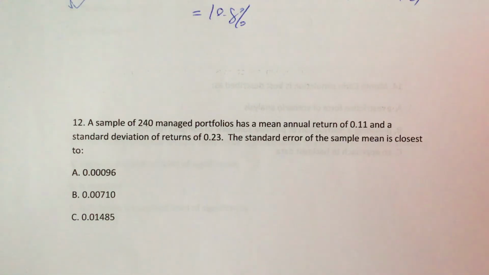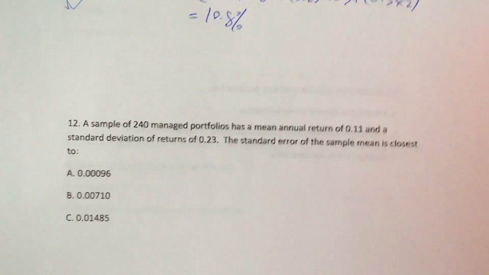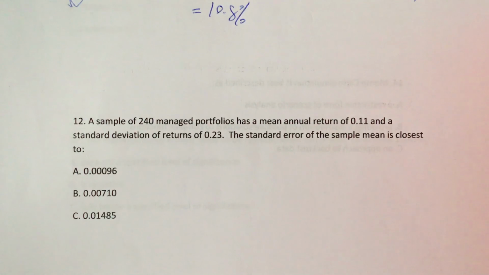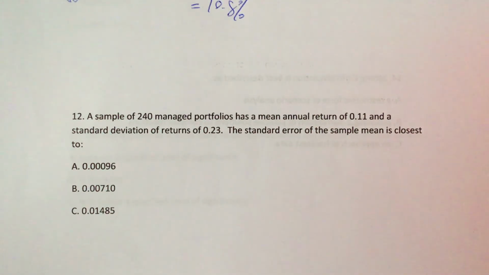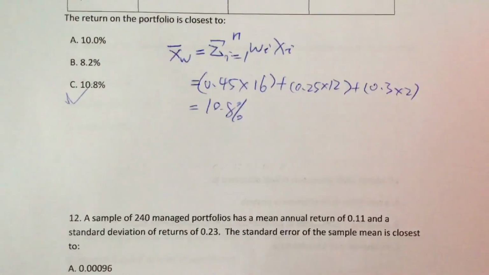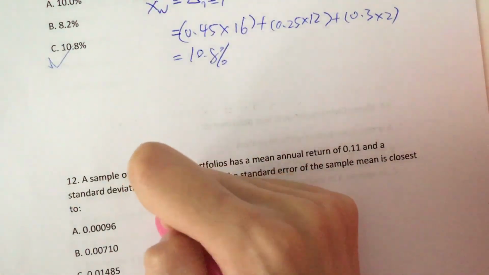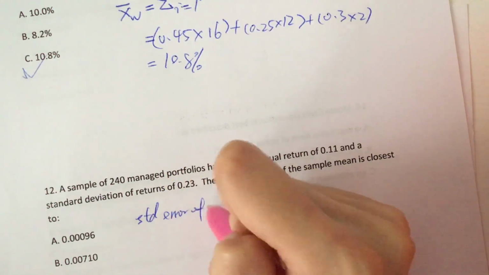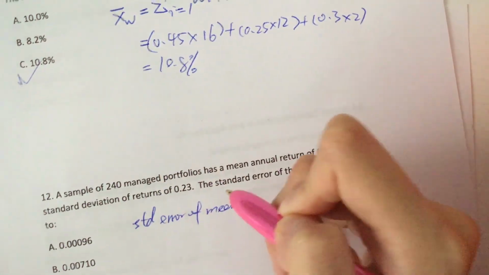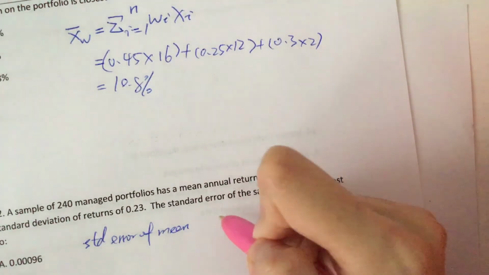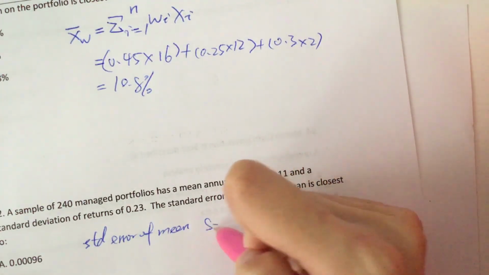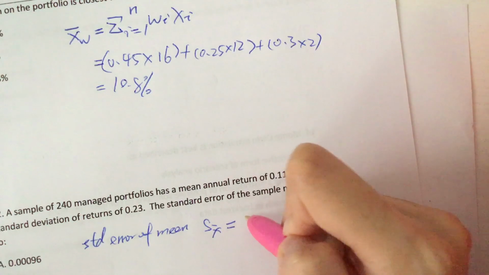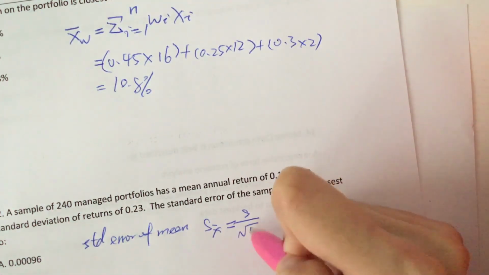The standard error of the sample mean is closest to... For a sample, the standard error of the mean is standard error equals S on square root of n.